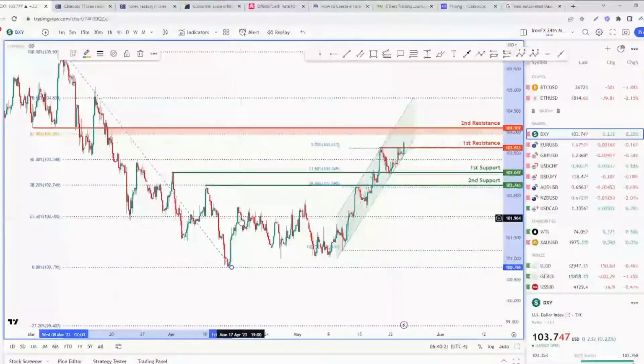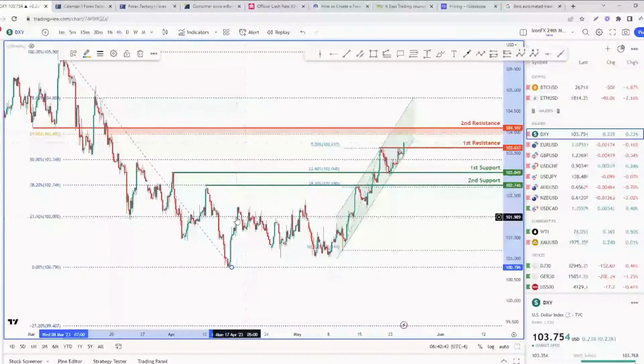Now as it comes up, you can see price did break through the retracement level of 23.6%, but it didn't extend too far. The level of 23.6% served as a relatively decent resistance area.